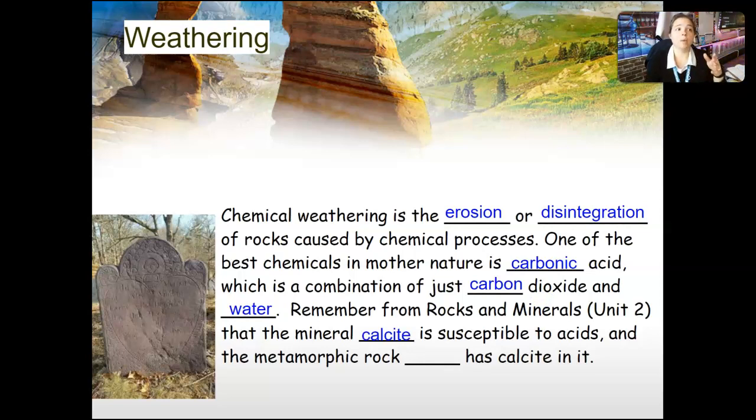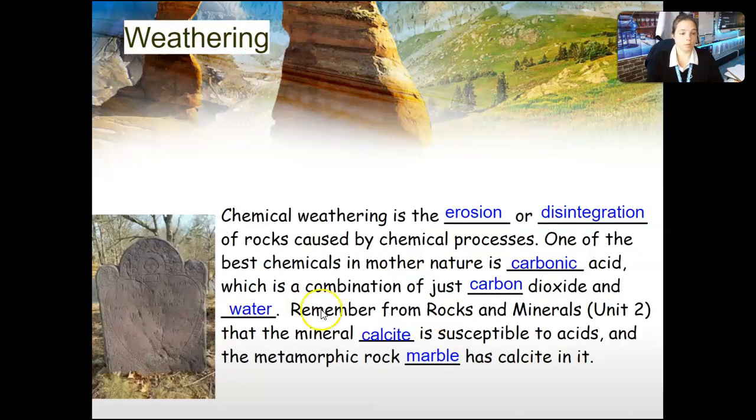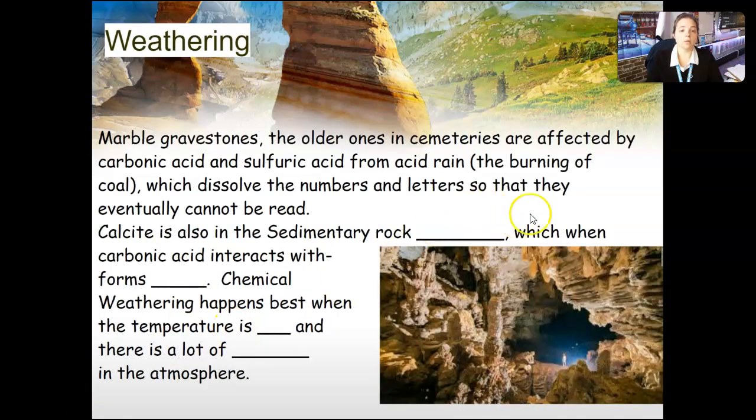And if you look at page 7 of your reference table, in the metamorphic section, you're going to find the rock, the metamorphic rock, that is also susceptible because it's got calcite in it or is made of calcite. And that would be marble. Marble gravestones, like you see right here, the older ones in cemeteries, are affected by carbonic acid and sulfuric acid from the acid rain.